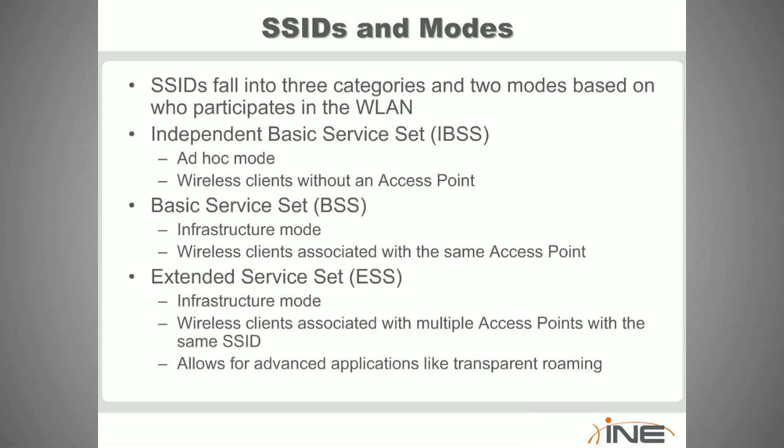Now, in the SSID, there's a couple sub-terms that can get confusing, and a lot of the documentation uses this not necessarily incorrectly, but they make it a little bit more complicated than it needs to be.